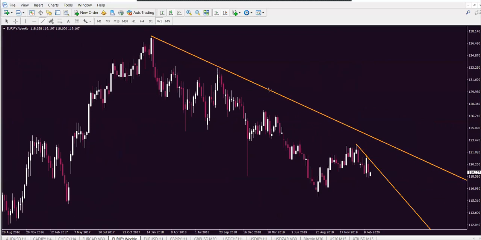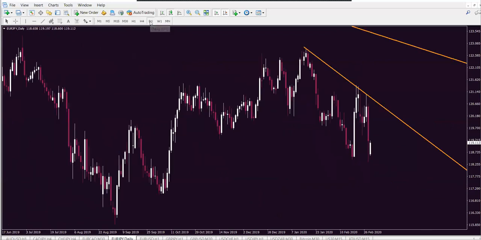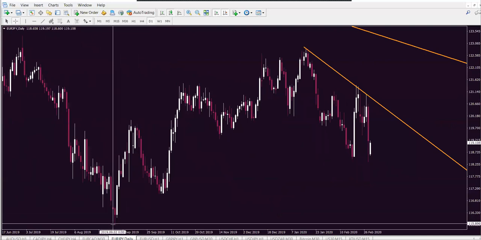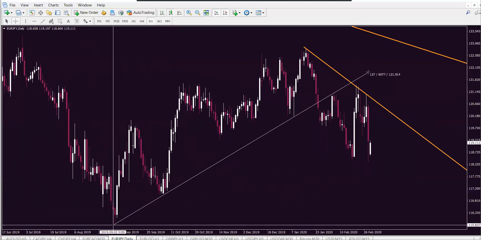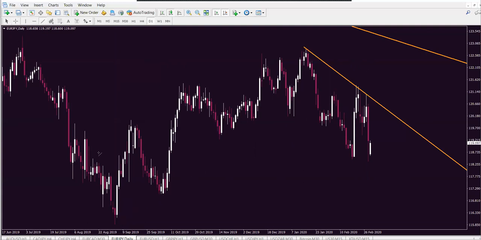Then we had a bullish trend right here, and then price broke below this trend line right here, and the back of the trend line created a resistance.